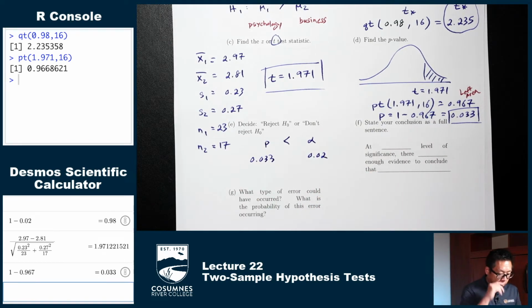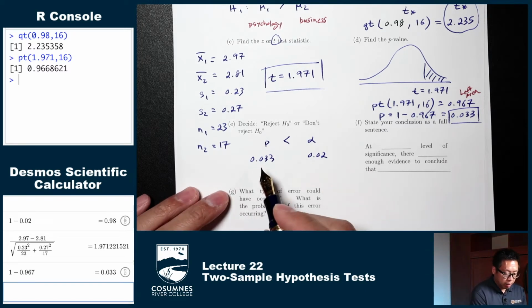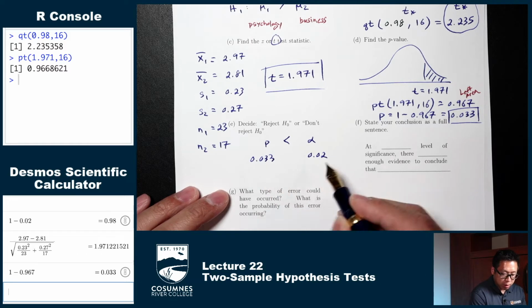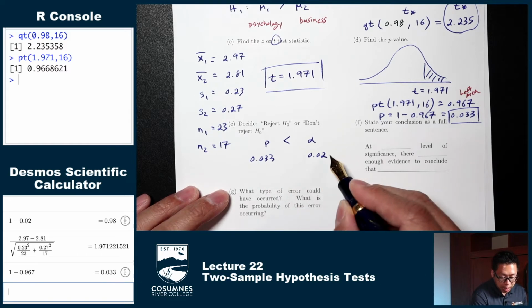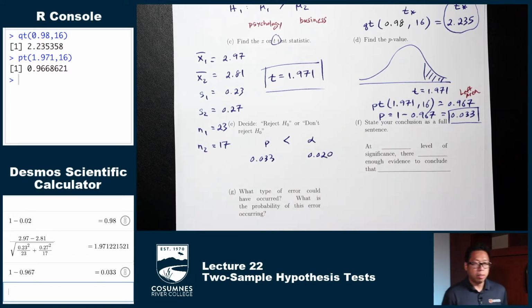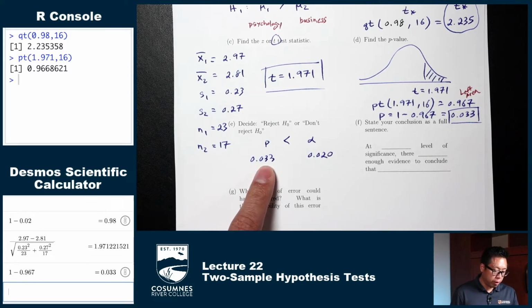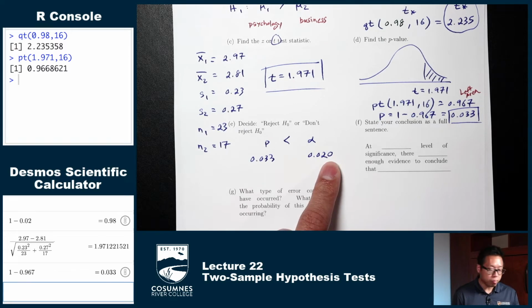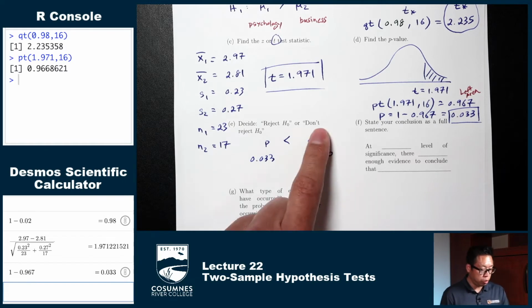To help me compare, I usually add on zeros so they both have the same number of decimal places. 0.033 has 3 decimal places. 0.02 only has 2. I'm going to add on the 0 here. So this is really 0.033 versus 0.020. So 33 versus 20. Is 33 less than 20? No. So if it's a no, you don't reject.